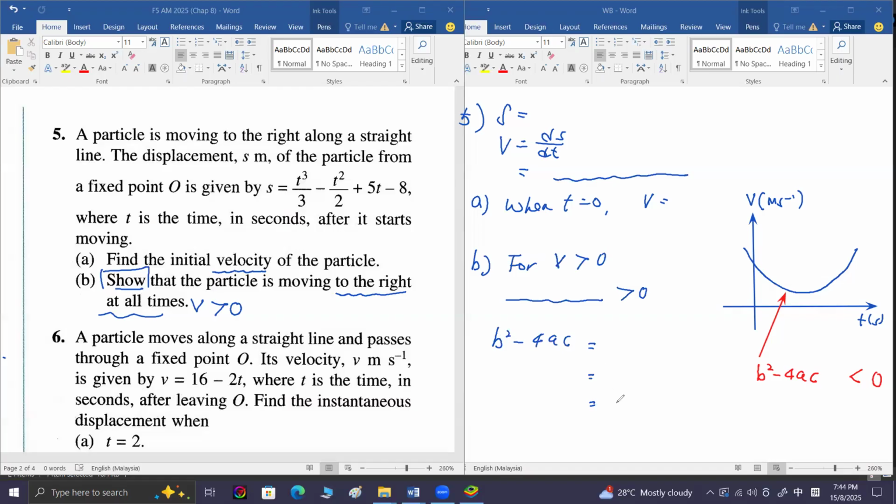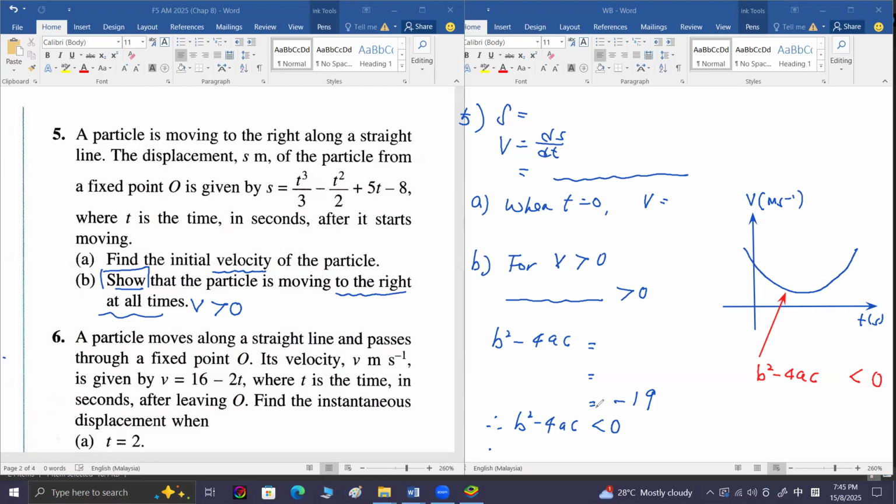For example, here you get -19. So you explain b squared minus 4ac is negative, does not cut the x-axis. So this is proven already. The particle is moving to the right at all times.